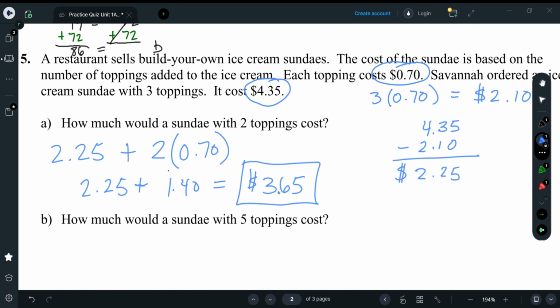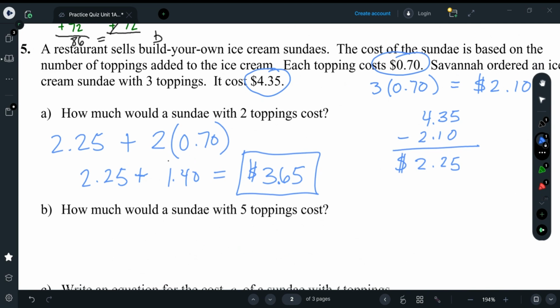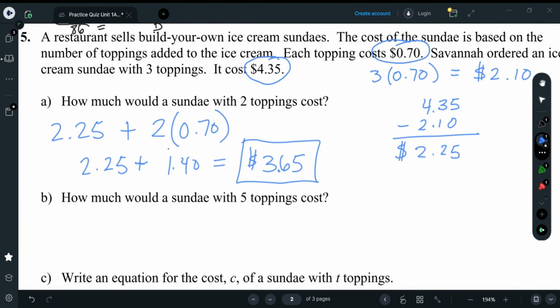Part B, how much would a sundae with 5 toppings cost? Okay, that's quite a few toppings, 5 toppings. All right, well, that's going to up the price, but the way we're going to calculate it, it's going to be the exact same way. $2.25 flat price for the ice cream, plus, now we got to do 5 times 70.